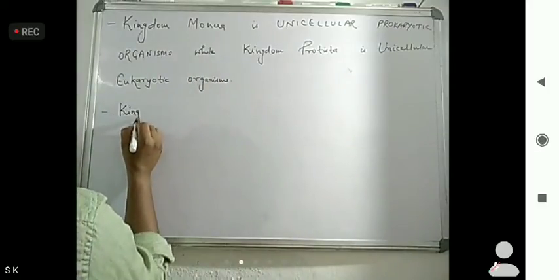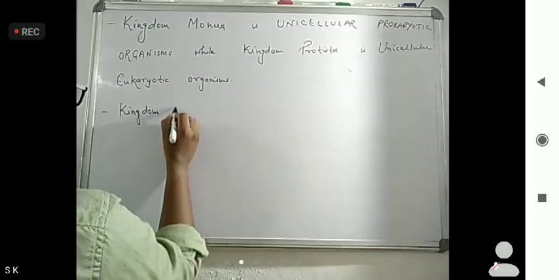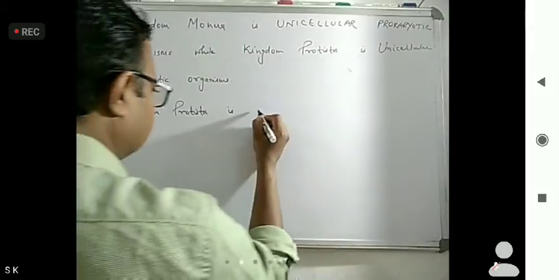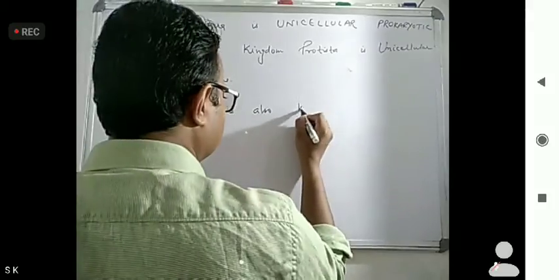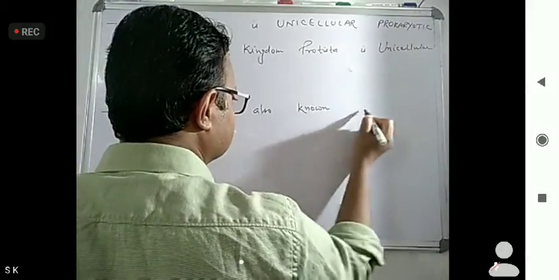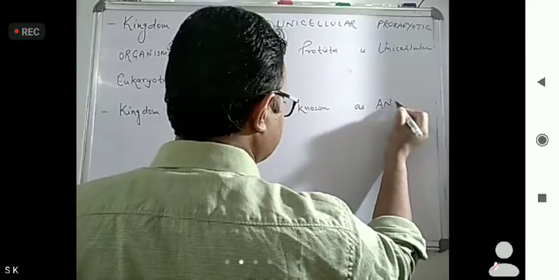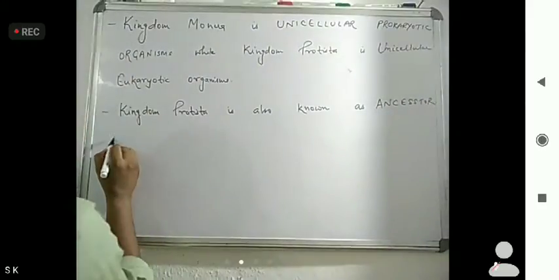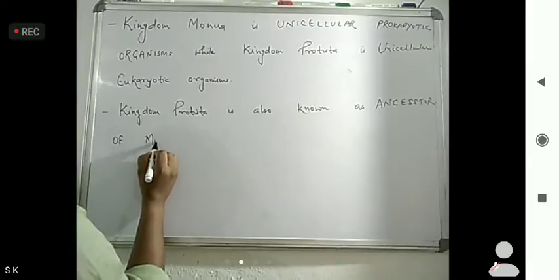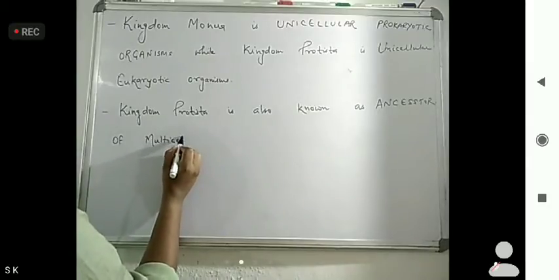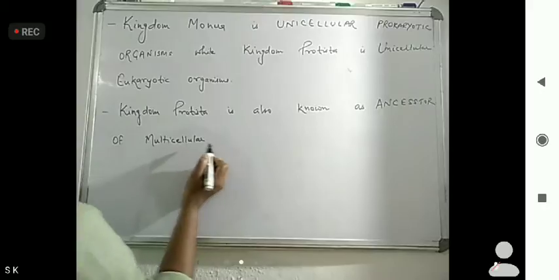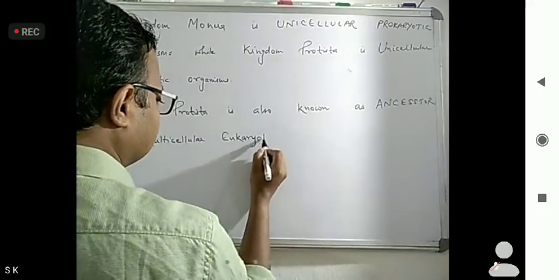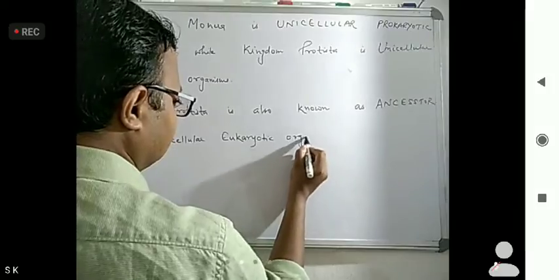Kingdom Protista is also known as the ancestor of multicellular eukaryotic organisms.